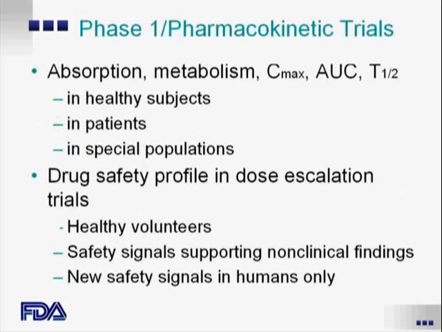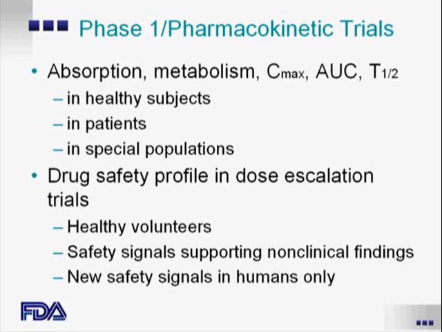With regards to the phase 1 pharmacokinetic trials, we learn about the product's absorption, metabolism, and pharmacokinetic profile. This is helpful in designing the appropriate protocols and collecting safety assessments. These studies are conducted for the majority of products in healthy subjects, but in oncology indications, the disease population is exposed to the products.